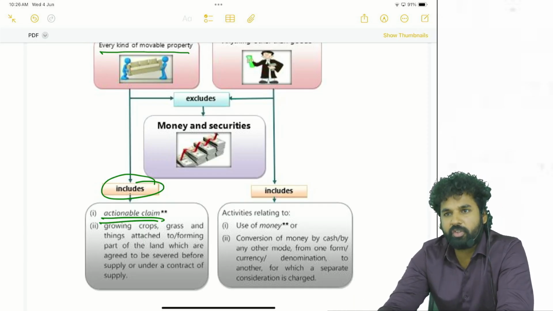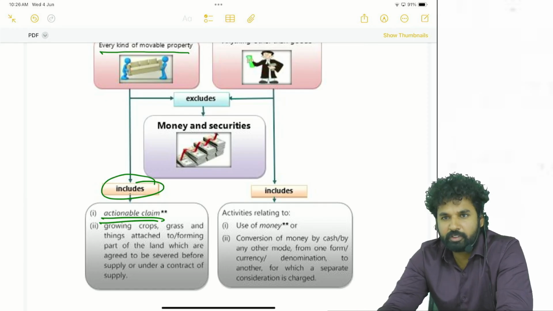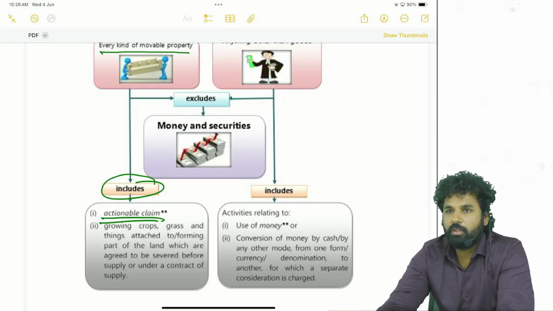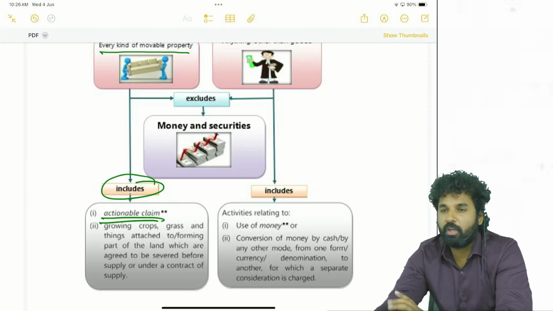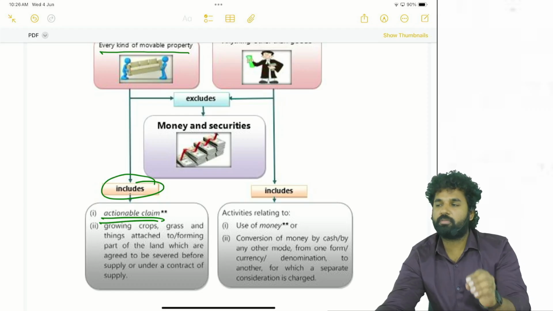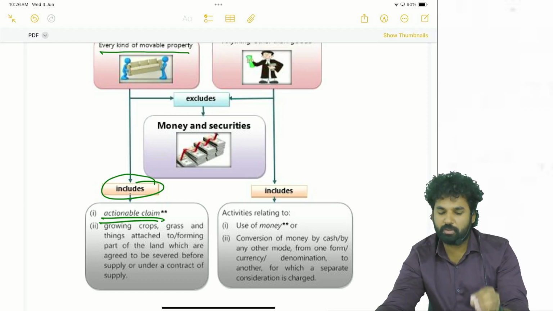A lottery ticket is another example. You have paid some amount and taken the lottery ticket. At a later point of time, if a lottery is awarded to this ticket, you can claim it by showing the ticket. This is an actionable claim. So an actionable claim is one which can be claimed at a later point of time. It is an instrument. An actionable claim can also be treated as goods, so it comes under the definition of goods.